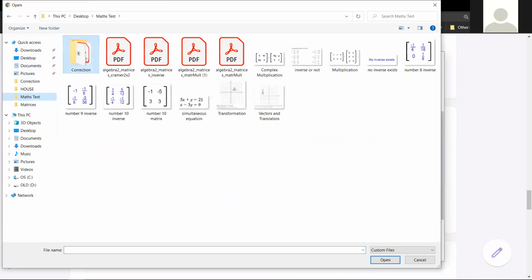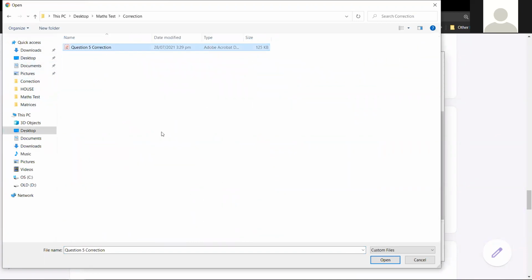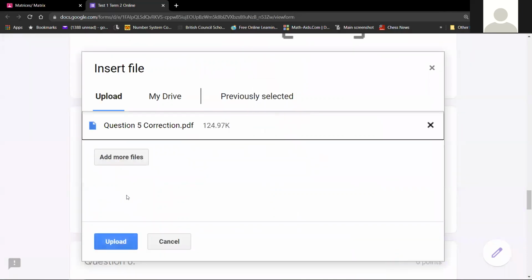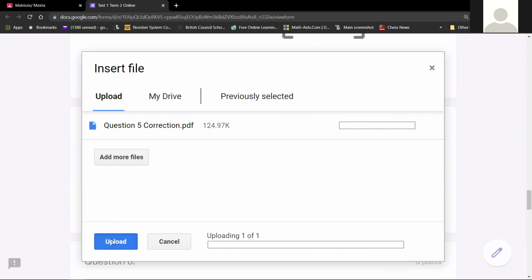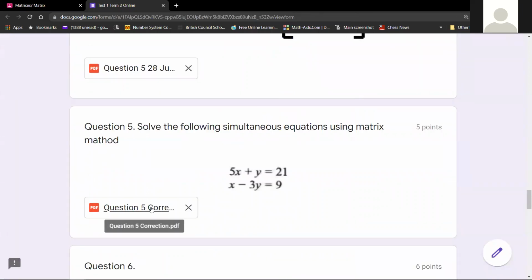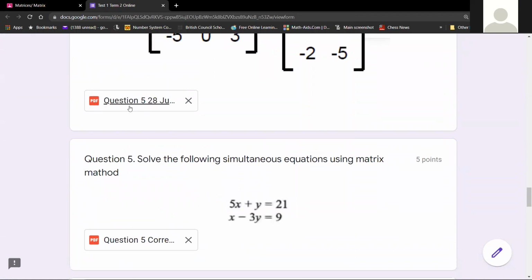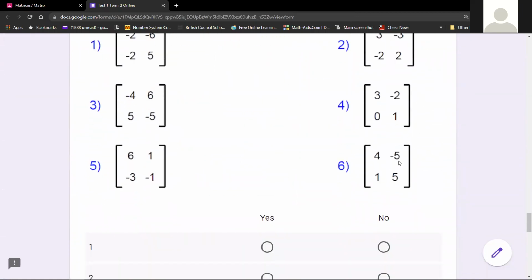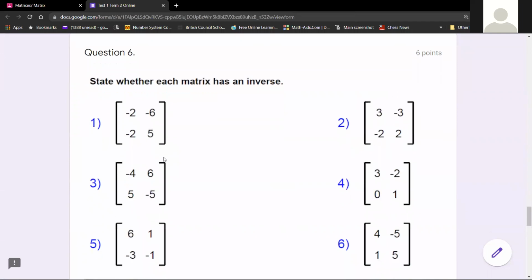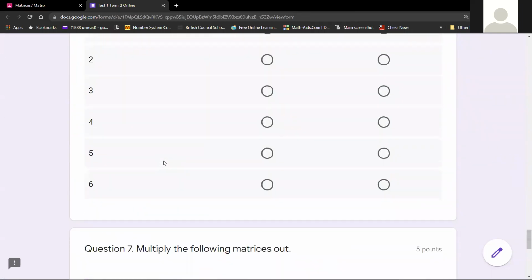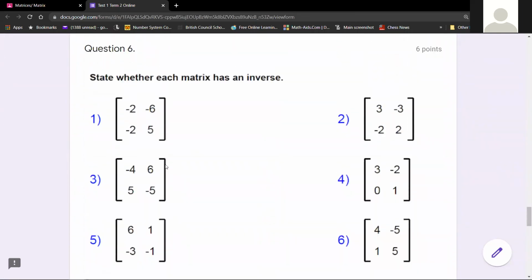It's in the math test corrections, question 5, and I will upload, open that. Question 5 is uploaded, say upload. Once it's uploaded, there is the correct question 5. This was supposed to be question 4. And this part over here is almost the second last part of the question.